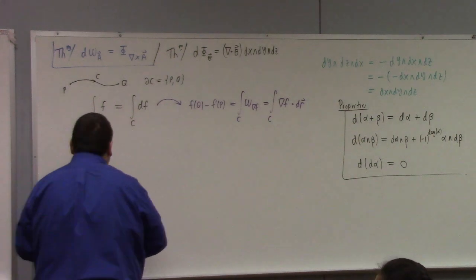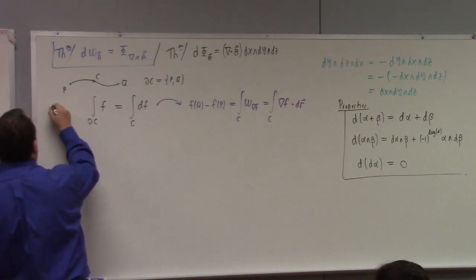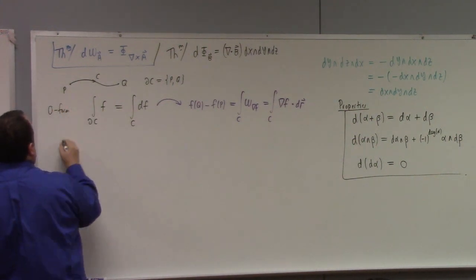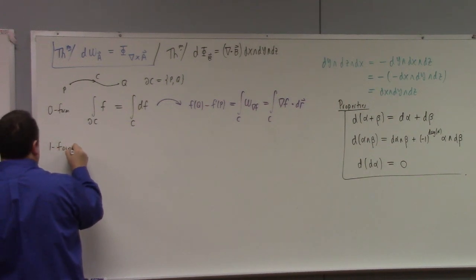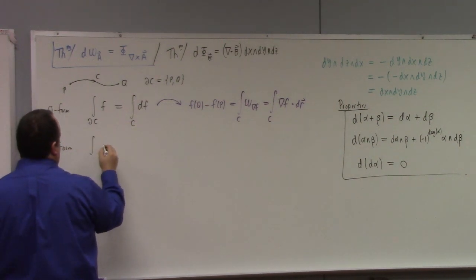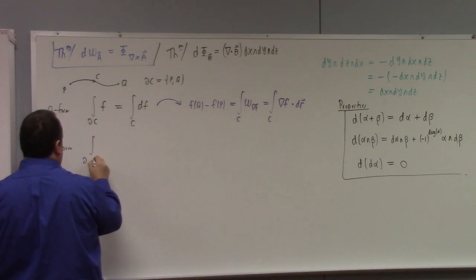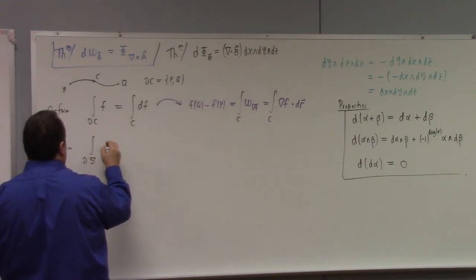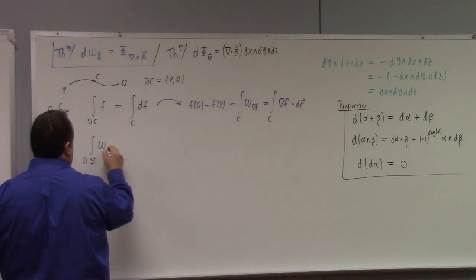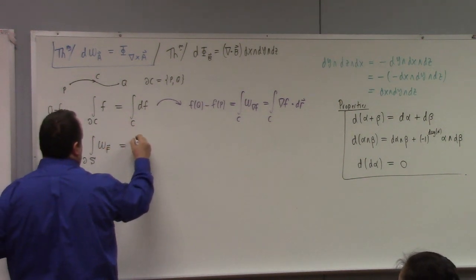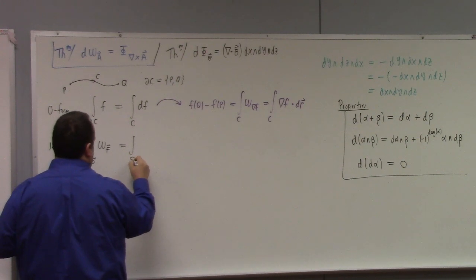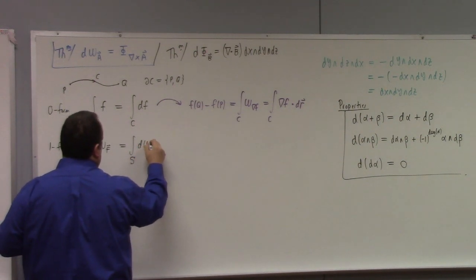All right, so that was for a 0 form. How about a 1 form? Now we have to do the boundary of a surface. For a 1 form, I'll call it omega, corresponding to a vector field F, the integral over the boundary equals the integral over the surface of the differential of that.